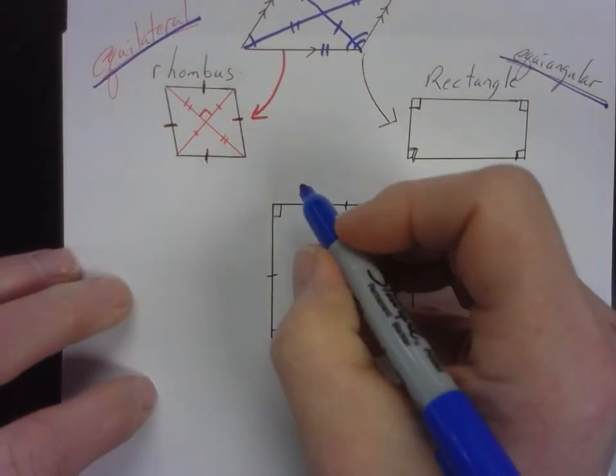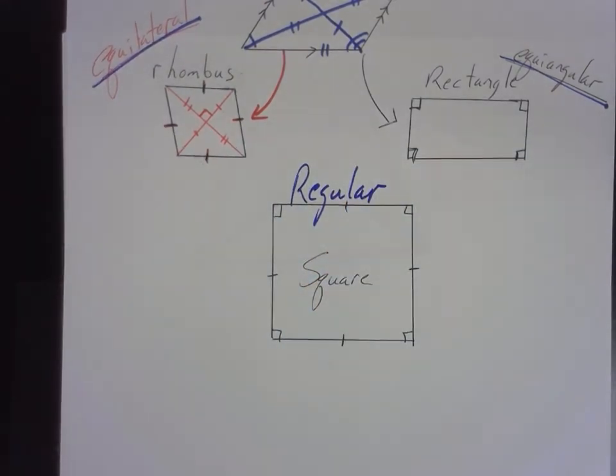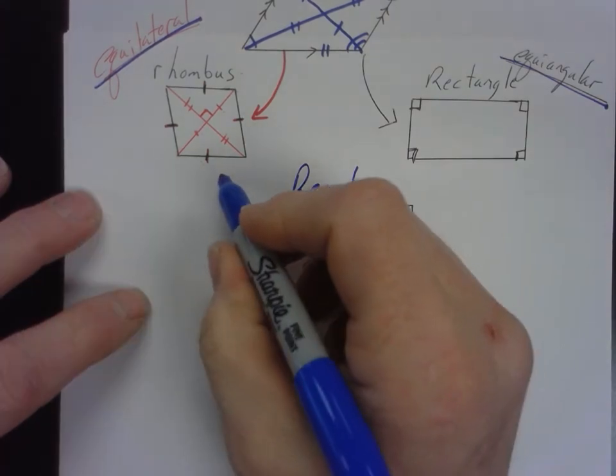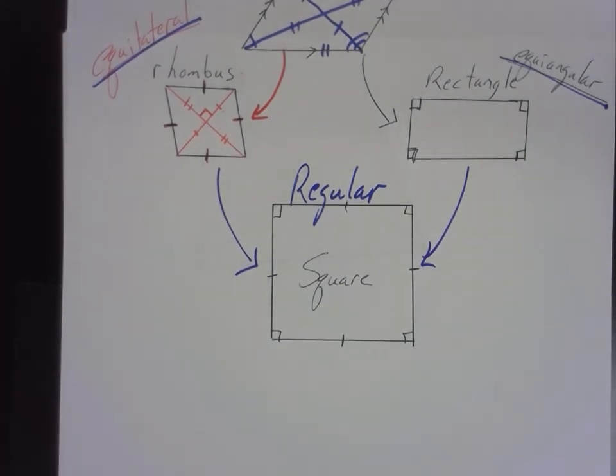It's regular, right? It's a regular figure. So a square has all of the attributes of all of these different shapes. It's four-sided, it's a polygon, the opposite sides are congruent, opposite angles are congruent, the diagonals bisect each other.